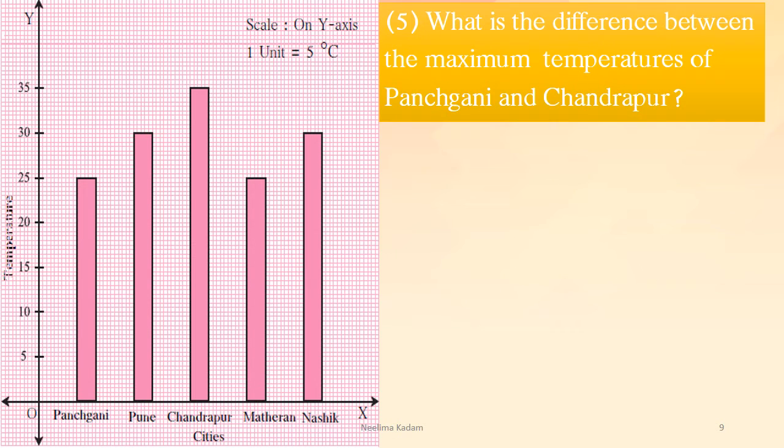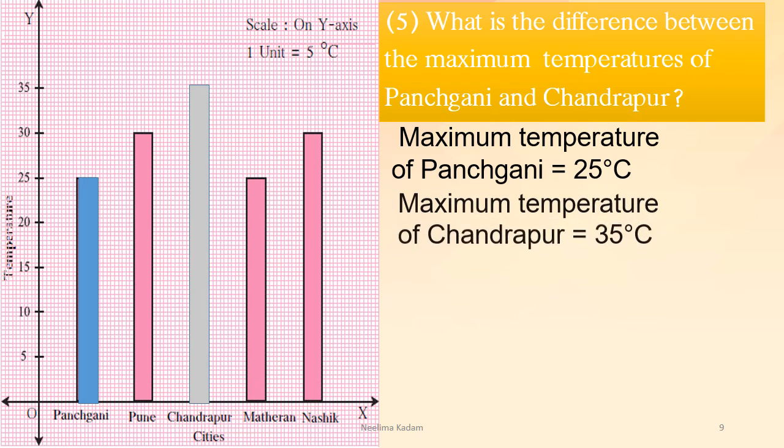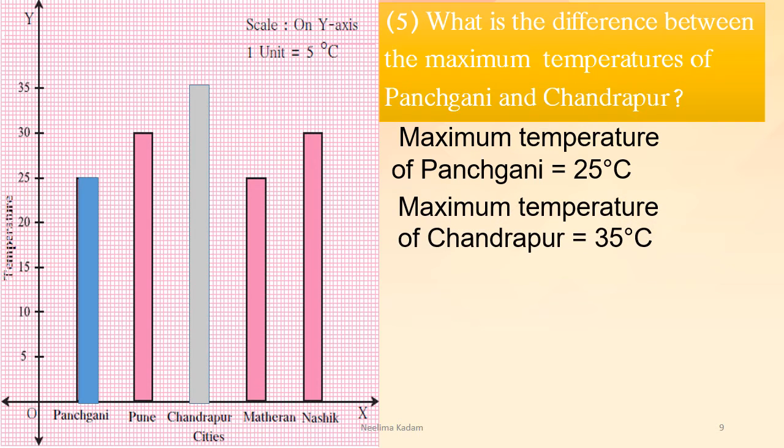What is the difference between the maximum temperatures of Pachgani and Chandrapur? Now see, Pachgani has a maximum temperature of 25 degrees, and Chandrapur city has a maximum temperature of 35 degrees. Now what is the question? The difference between these two.